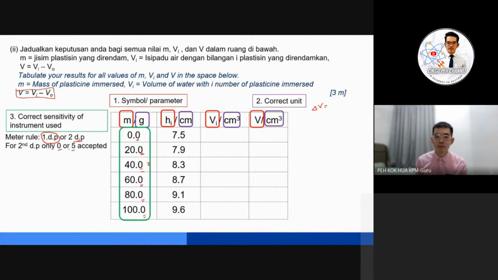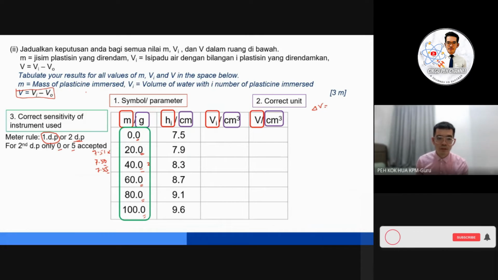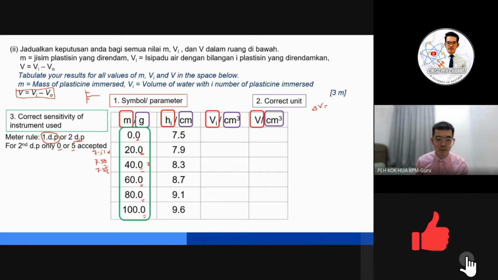It is impossible that you get your reading as 7.51, as that would be out of the sensitivity of the meter rule. So 7.50 and 7.55 are accepted, where the water level is at the middle of the segment, so you get 0.05.